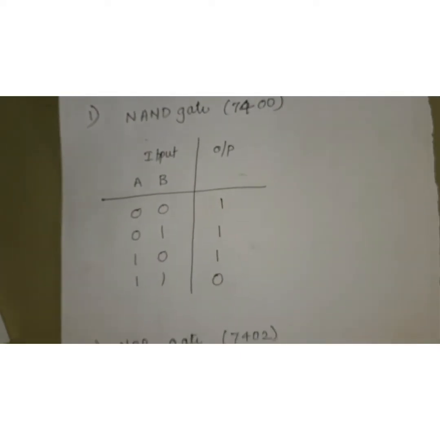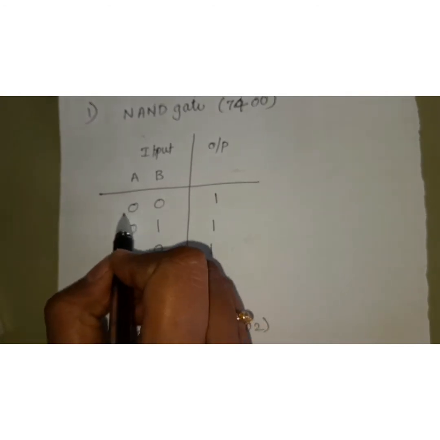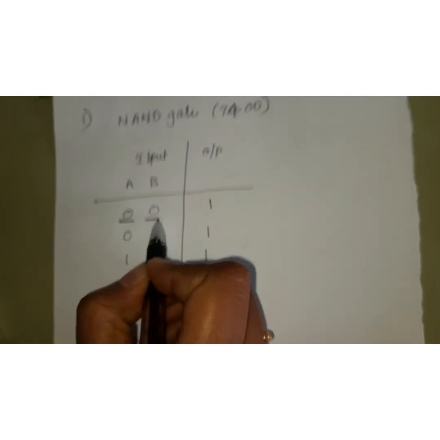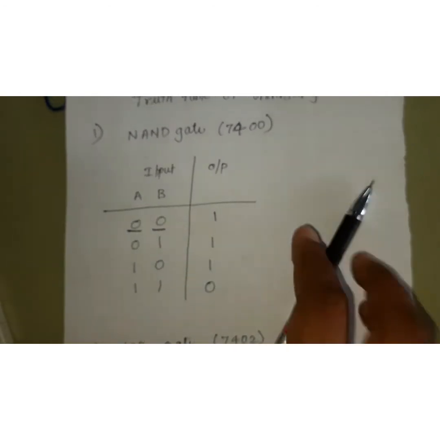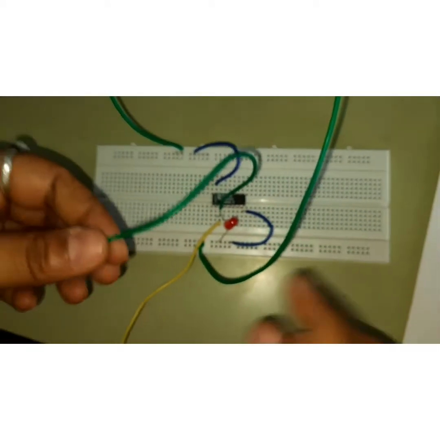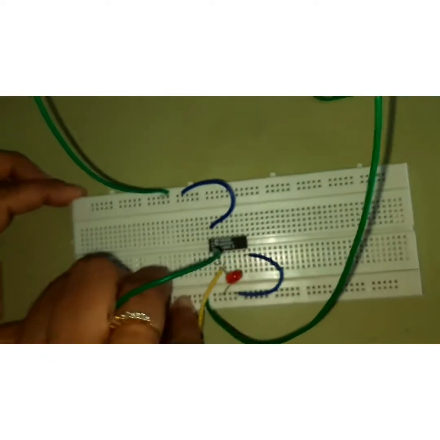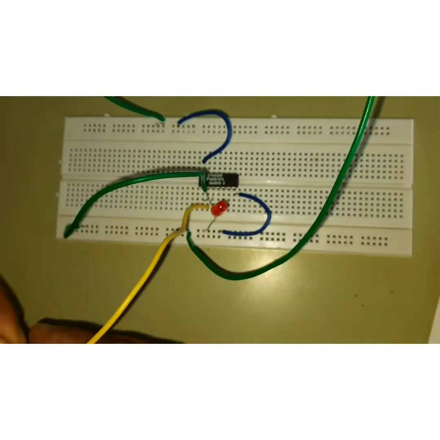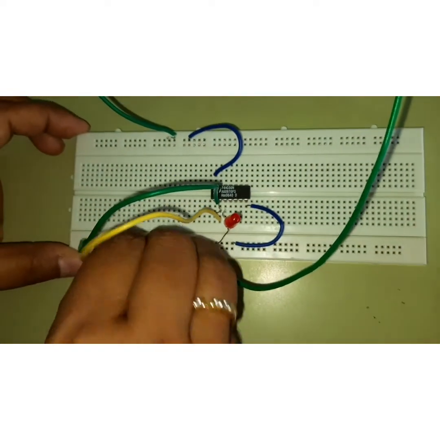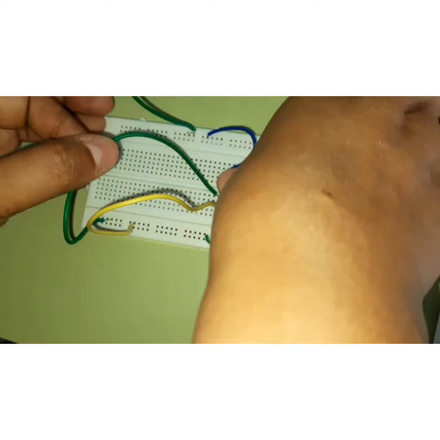To verify the truth table of this NAND gate, first we are going to connect input A as 0, B as 0, and verify it. So here I am going to connect A to ground, connect B to ground, and we will switch on the power supply.